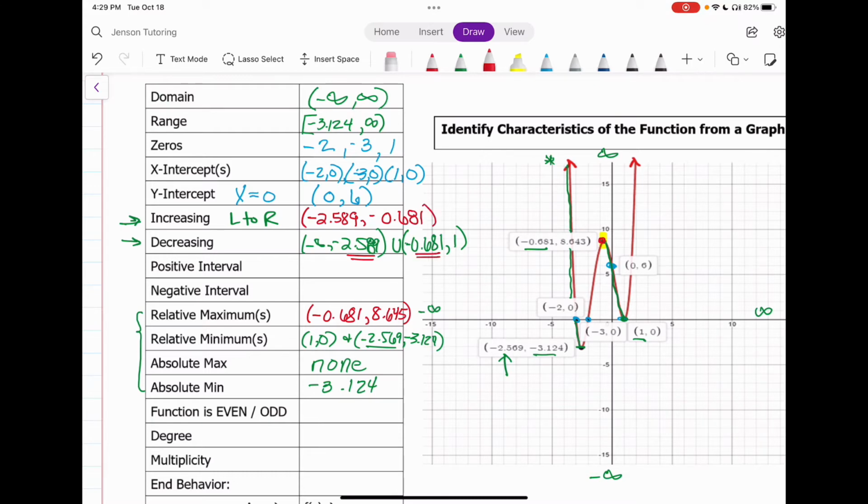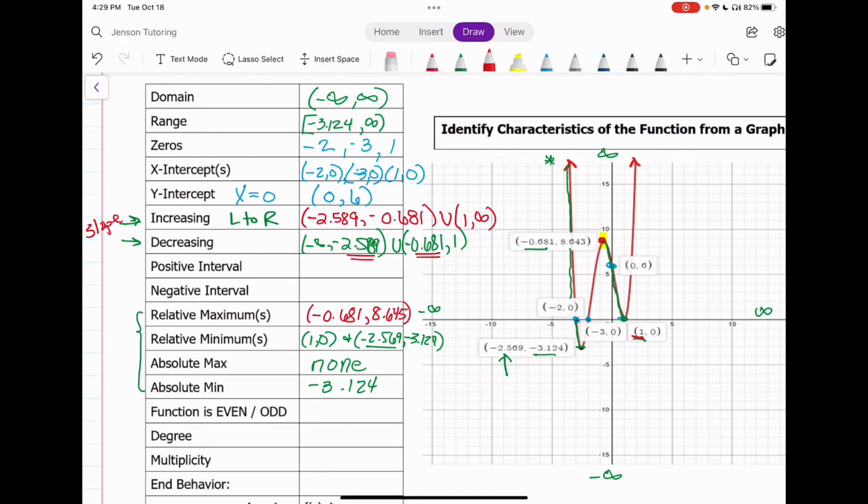That value right there. And then it's going to start increasing again. I didn't give myself enough space here. When x is 1 until we get to positive infinity. Okay, so these refer to, you can think of this as the slope of the graph.